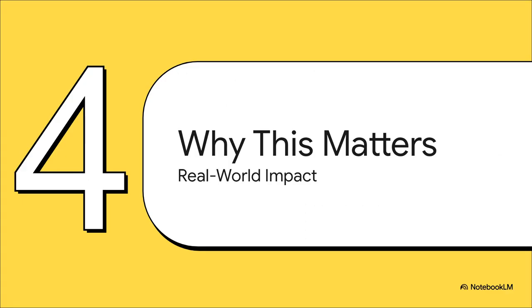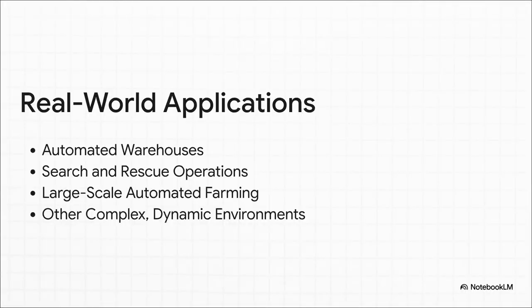Which brings us to the big so what? Why does any of this matter once you step outside the research lab? Well, this is the key. This kind of efficiency could finally unlock the door to having huge teams of robots working together. I mean, think about it. Massive warehouses where everything moves in perfect harmony, or teams of search and rescue bots swarming a disaster site, even fleets of self-driving tractors working a farm.